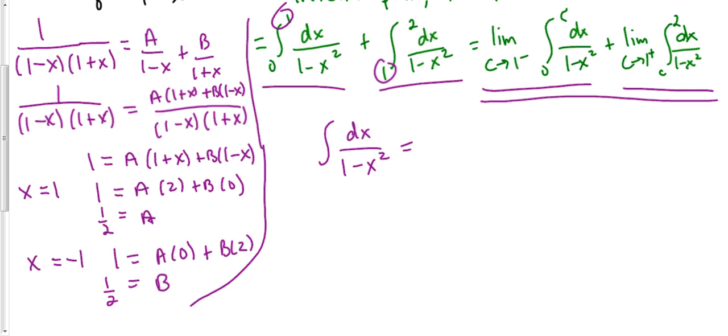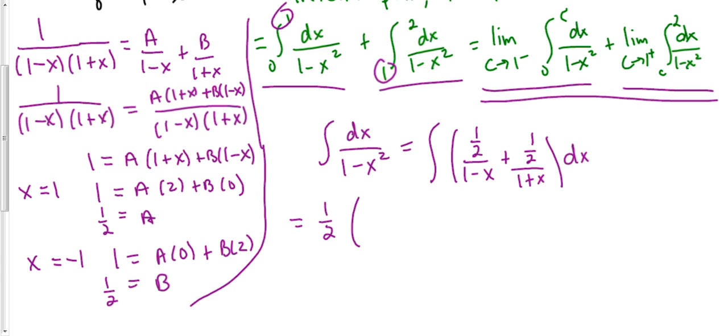So this is going to be the integral of 1/2 over 1 minus x plus 1/2 over 1 plus x, all times dx. I'm going to factor out that 1/2, and then I know what the antiderivatives are going to be of 1 over 1 minus x and 1 over 1 plus x.